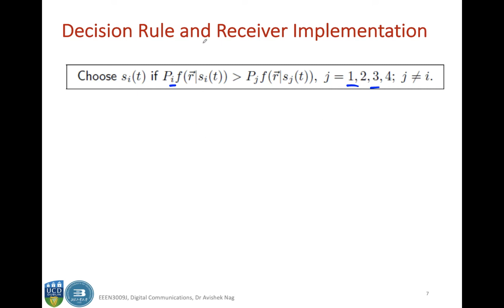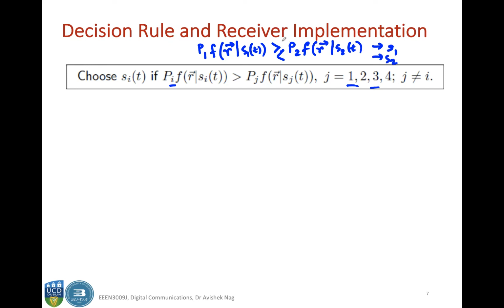In case of binary, what we had was, if P1 f of r given S1t, if this term was greater than P2 f of r given S2t, then you decide that S1 was transmitted, and if this term was less, then you decide S2.